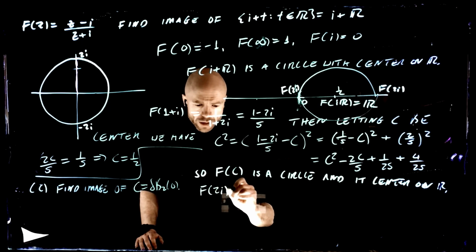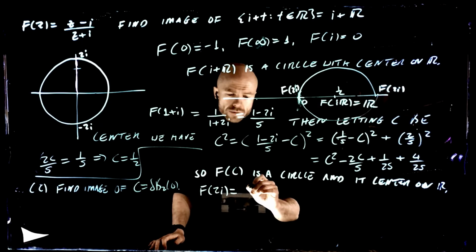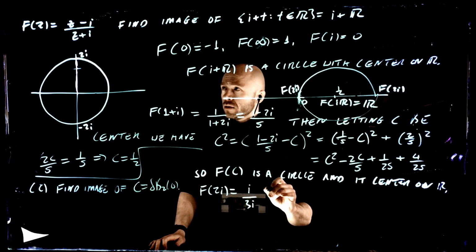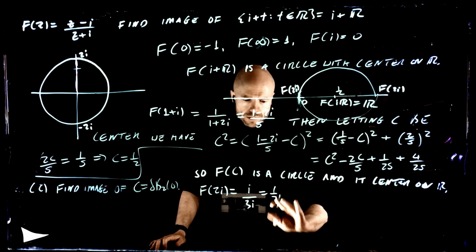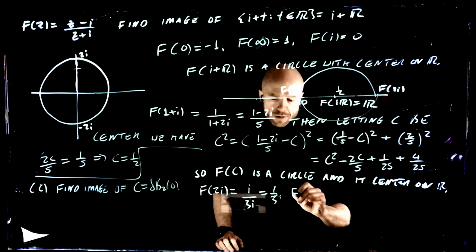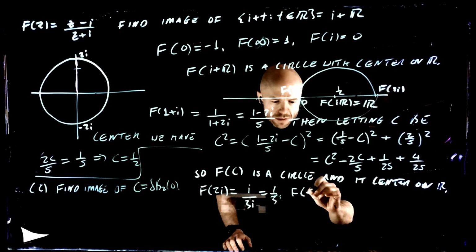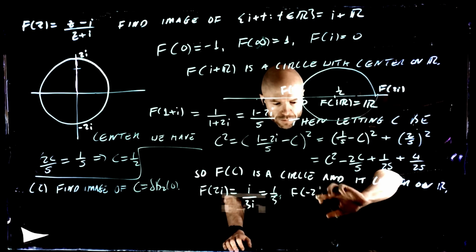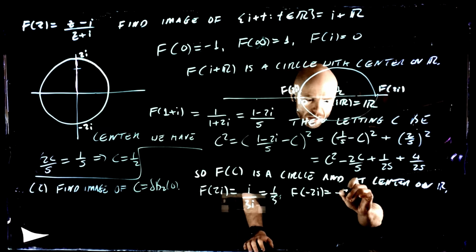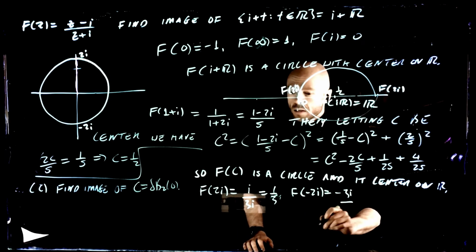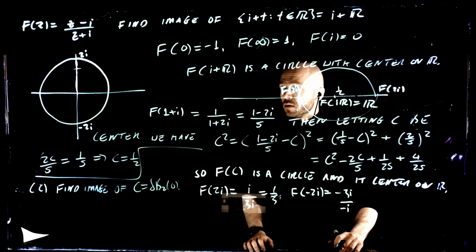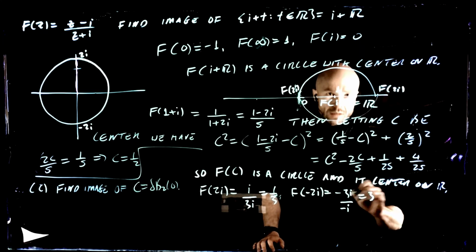So f of 2i is i over 3i, right, which is 1 over 3. And f of minus 2i is minus 3i over minus i, right, which is just equal to 3.